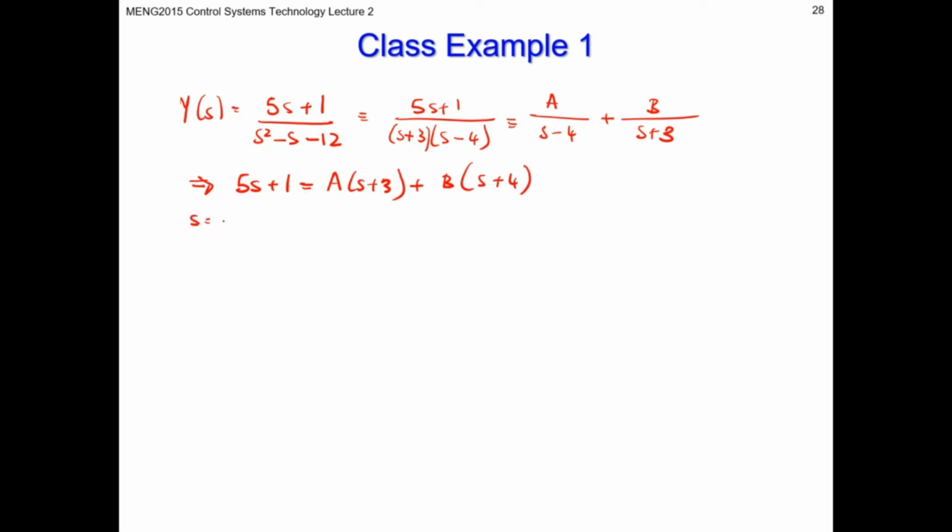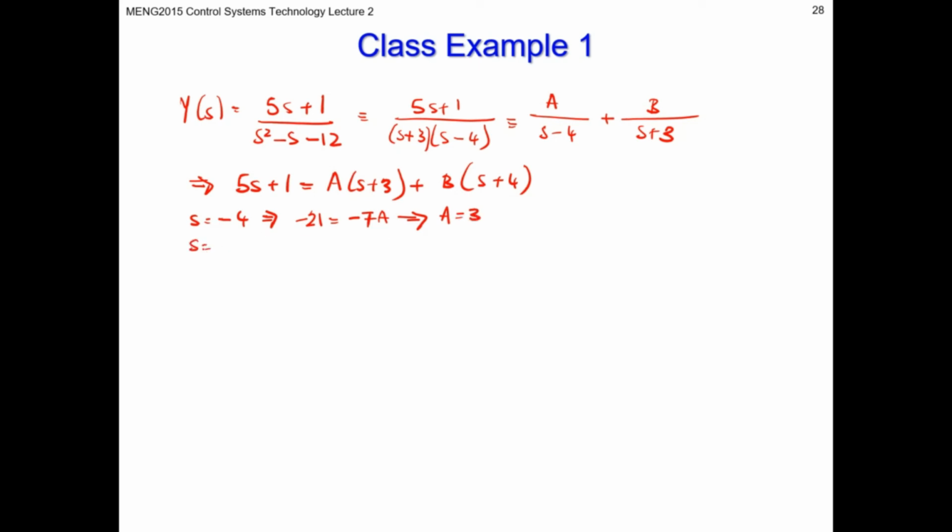So set s equals 4, which gives us 21 on the left hand side, and b gets cancelled out. So that gives us a equals 3.